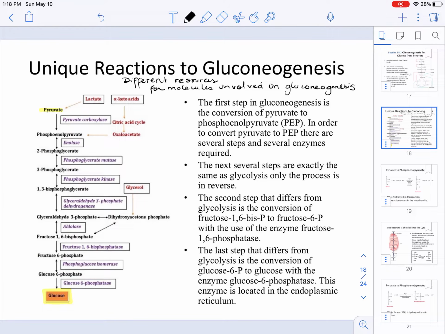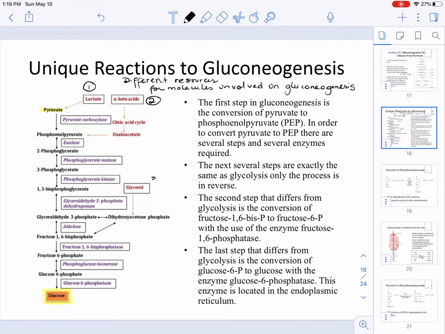So gluconeogenesis can be obtained from lactate being converted into pyruvate. We can have keto acids that get into the citric acid cycle, obtain oxaloacetate, and then make phosphoenolpyruvate.